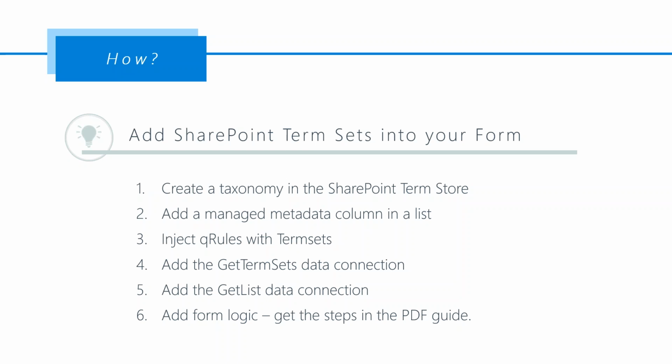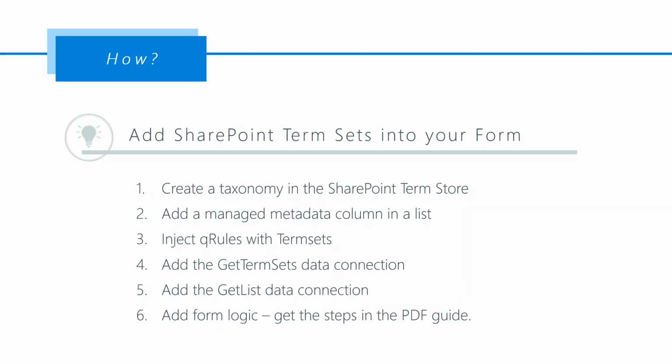And once you have your taxonomy ready, then you can add a manage metadata column in the list. And you need to add a column because the form requires that metadata column, so we can query the metadata information in your list. And it's just like adding a regular column in a list.